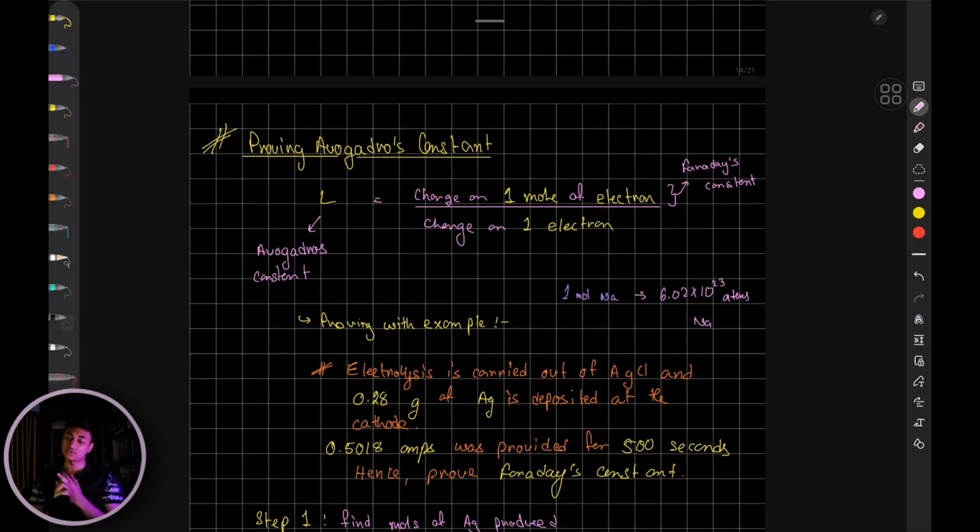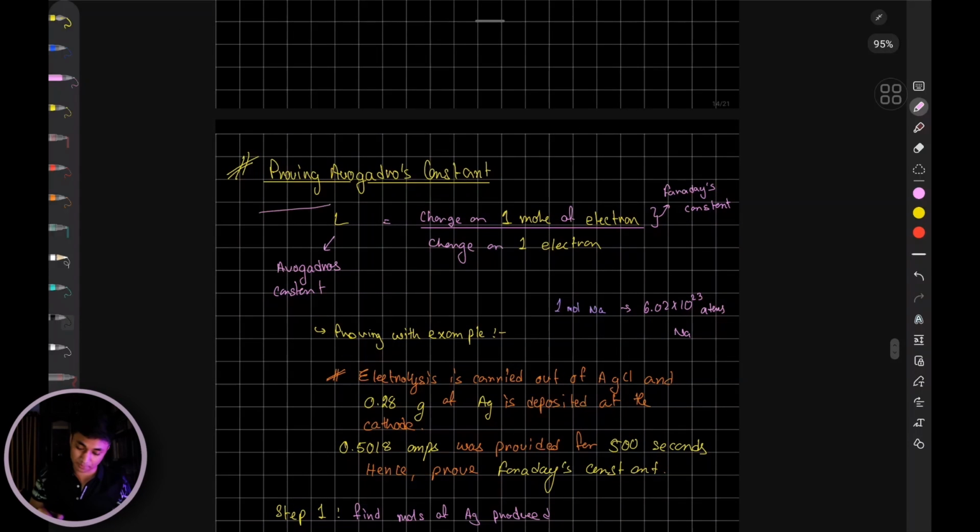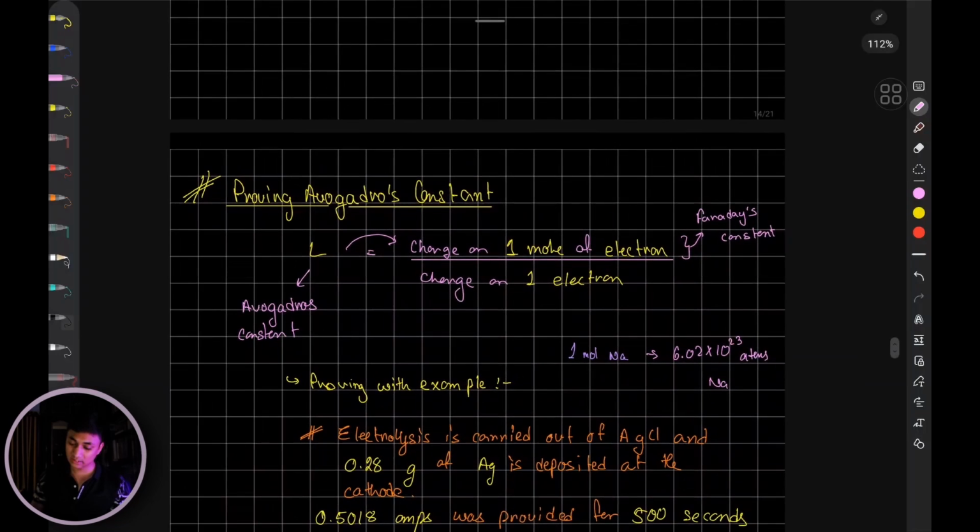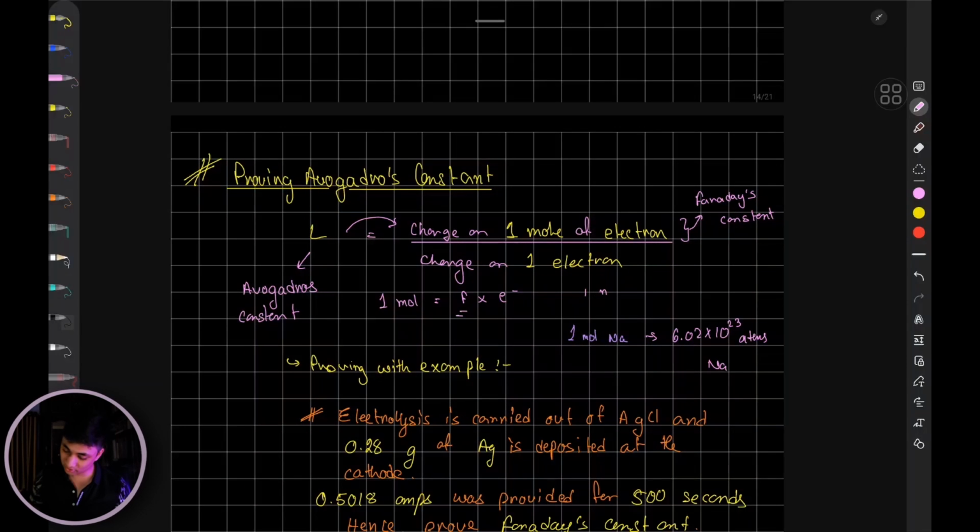So let's see how we can do that. The principle of this derivation is based on Avogadro's constant being given by the charge on 1 mole of electrons divided by the charge on 1 electron, that is e.